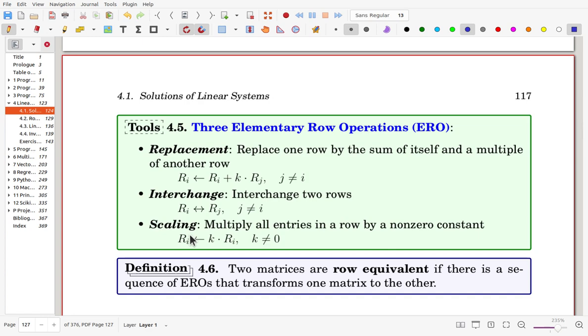You will use this again through the whole scope of linear algebra. And this will be the major weapon for solving linear algebra problems by hand. 2 matrices are row equivalent if there is a sequence of elementary row operations that transforms one matrix to the other.